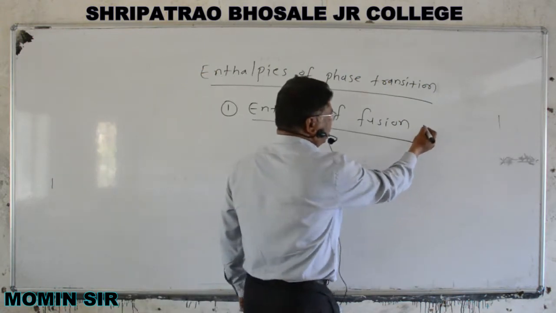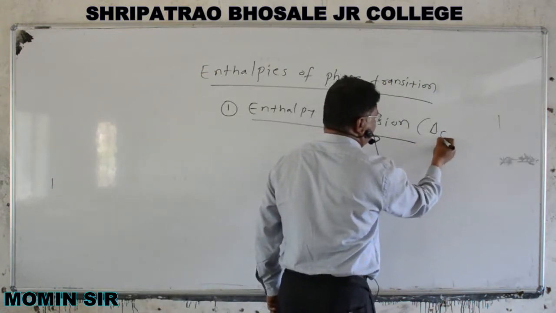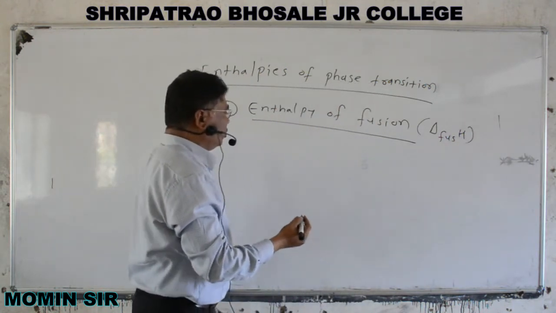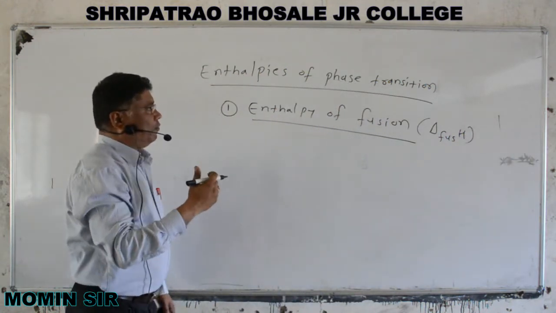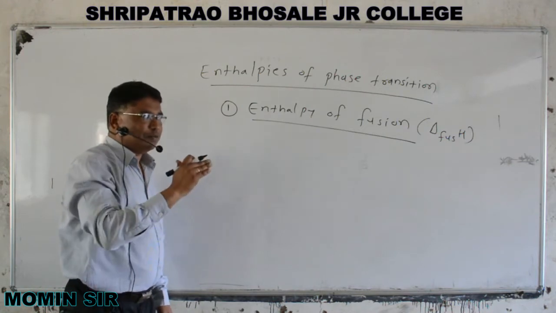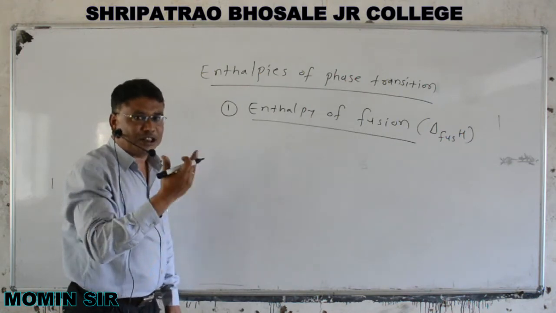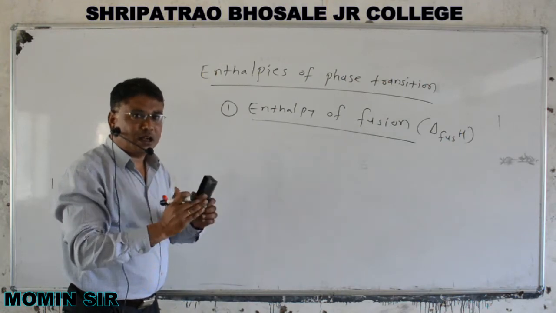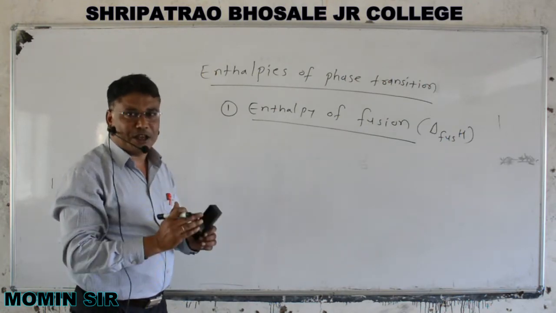Enthalpy of fusion is denoted as delta H fusion. Phase transition means a substance is converted from one state to another state, but chemical composition remains the same.